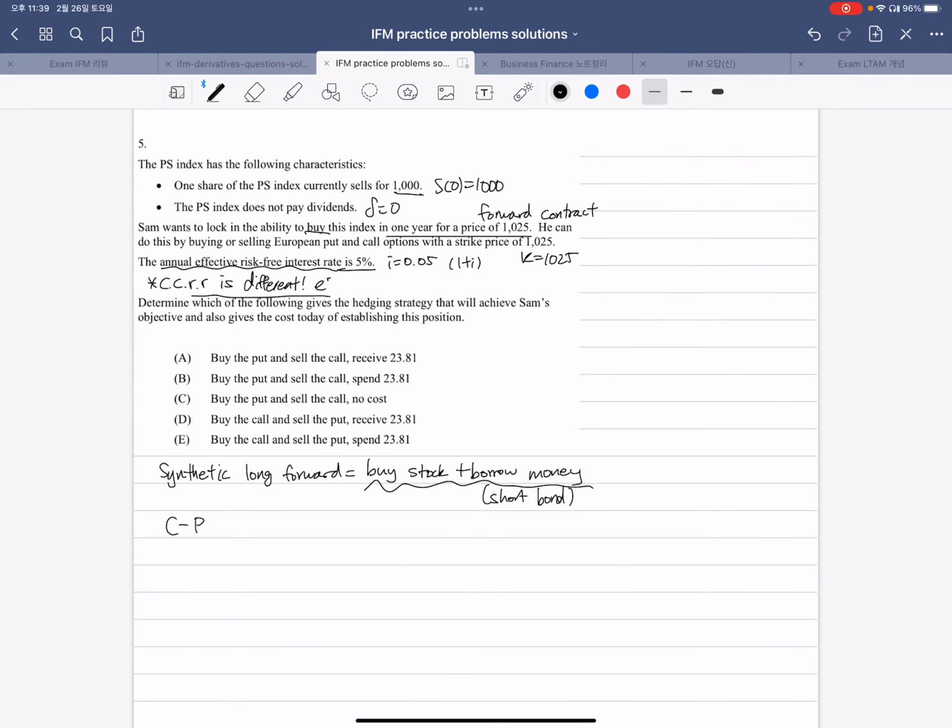By the put-call parity, we can create this relationship: C minus P, which are the premiums, equals S sub 0 times e to the negative delta t minus K times e to the negative rt.